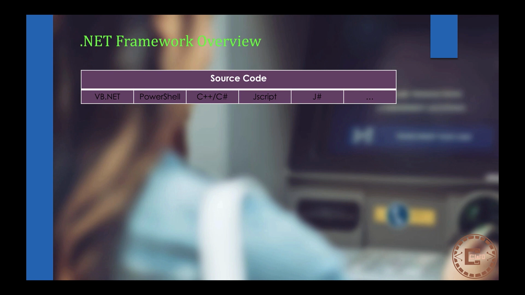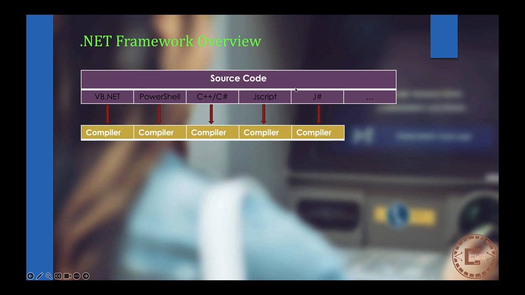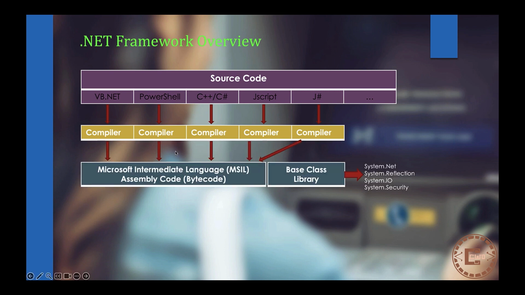And when we go into the details, what is a beautiful feature is that you can have multiple programming languages as source code, like Visual Basic, PowerShell, C++, C Sharp, JavaScript, J Sharp, F Sharp, many others. But at the end, all of those are going to be compiled into what is called an intermediate language in .NET, which is like a bytecode.